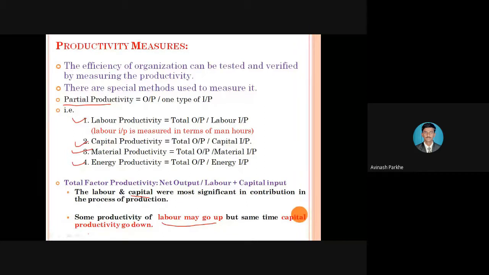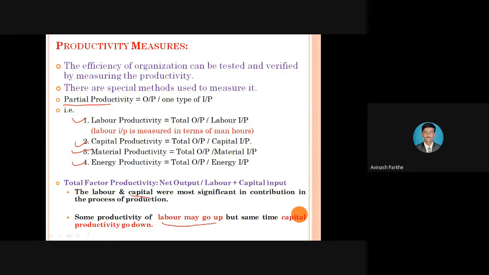It means our capital investment increases, but with that investment I can get good labor having good skill. Therefore, among all the input parameters, labor and capital input are the major contribution in the process of production.